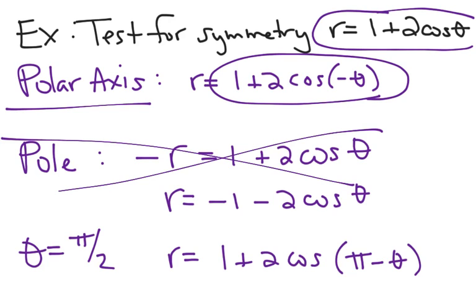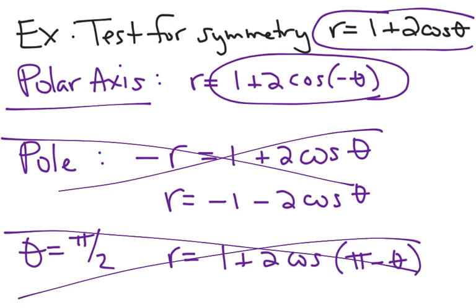I graph them, and I see two distinct graphs. So it's not symmetric. And that's really all you have to do to check your symmetries. Do you really need to use those symmetries in order to help you graph? You don't need to, but it's a good way of looking at the graph to help you with how it's being graphed.